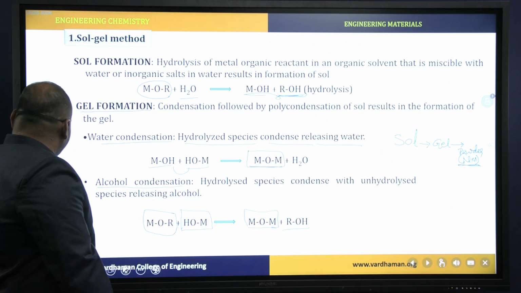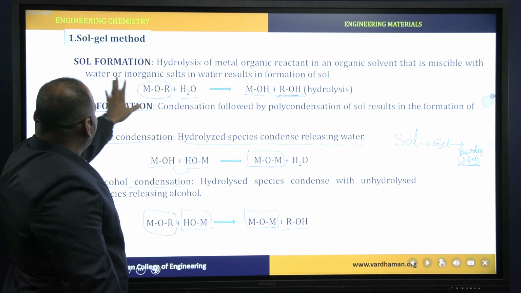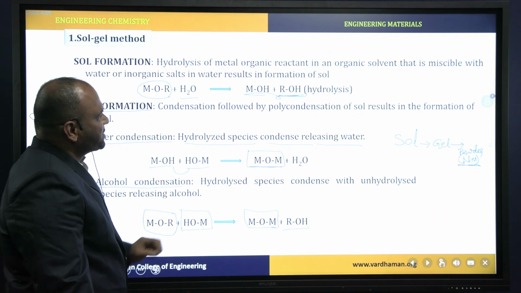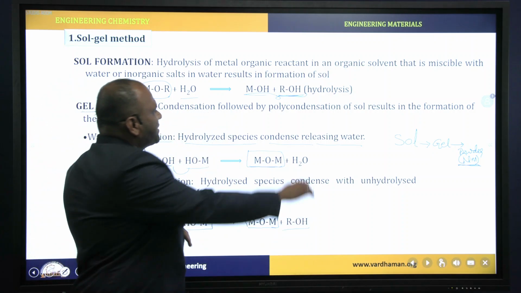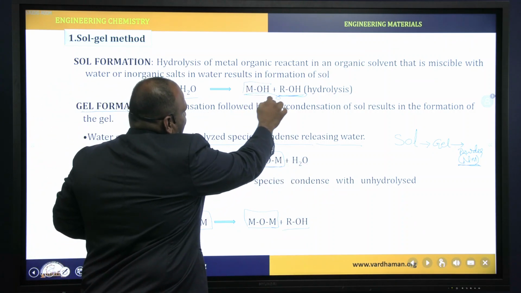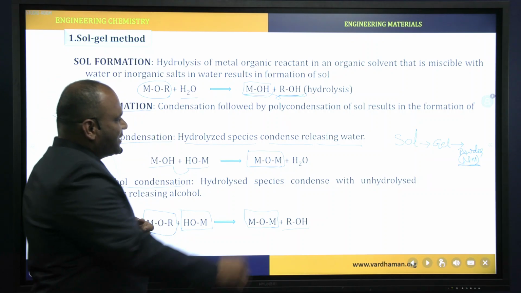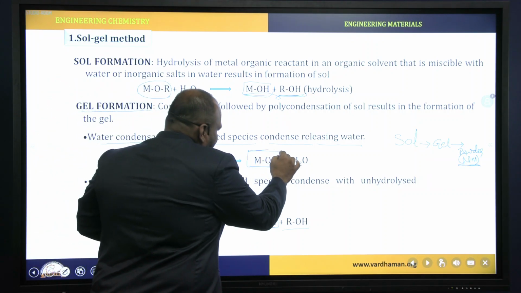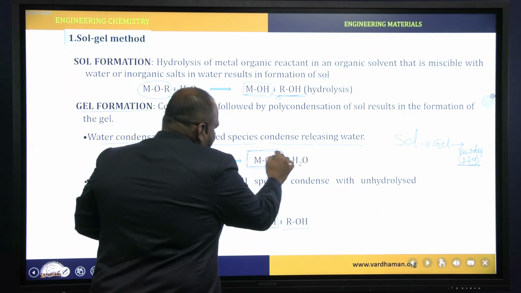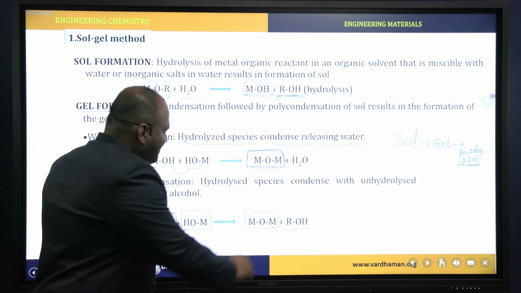Once again, I will repeat: the sol gel method involves sol formation and gel formation. In sol formation, the major components in the sol are what? Metal OH and alcohol. Next, gel formation. In the gel, the major components are metal oxy metal linkages.